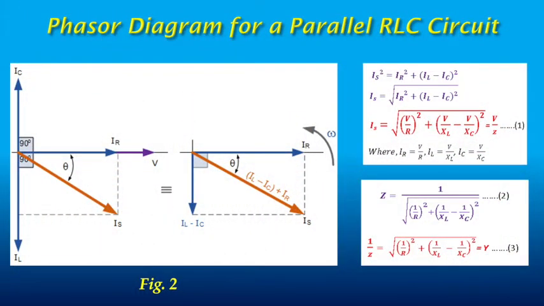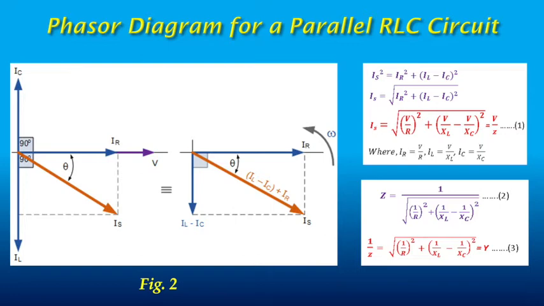Phasor diagram for a parallel RLC circuit. Like the series RLC circuit, we can solve this circuit using the phasor or vector method. The phasor diagram for a parallel RLC circuit is produced by combining together the three individual phasors for each component and adding the currents vectorially.